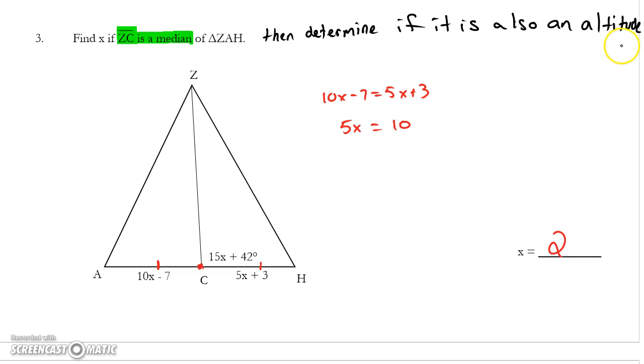But if it had also asked if it was an altitude, I know x is 2 because I know that this is a median. To check if it's also an altitude, I'm going to plug my 2 into here. 15 times 2 plus 42 is 30 plus 42. That's 72, so this is a 72-degree angle. Well, that's not an altitude then, because if it was an altitude, that would have been a 90-degree angle.